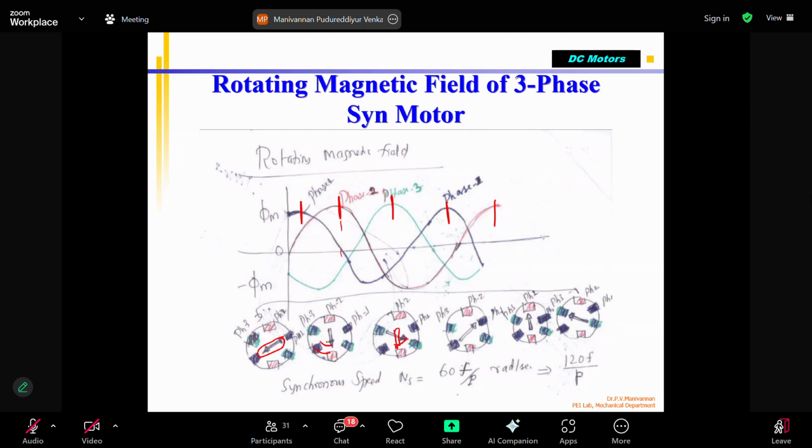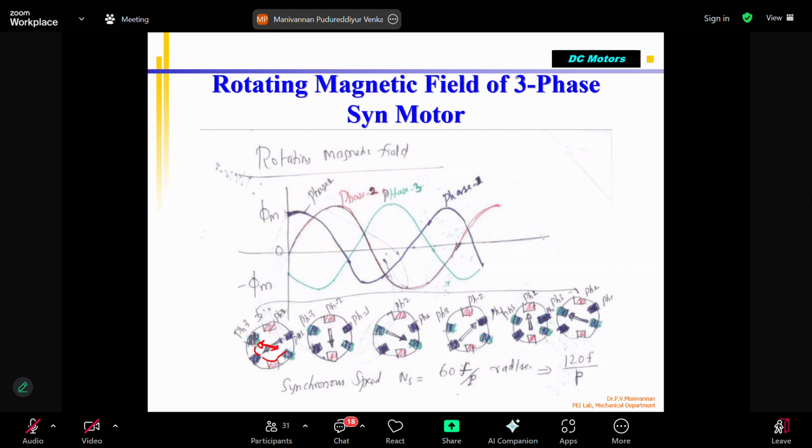So you can see that originally it was somewhere here, and it rotated this much, and this much. After three peakings, the rotor has come to a new position. Now it has rotated this many degrees through all three phases.